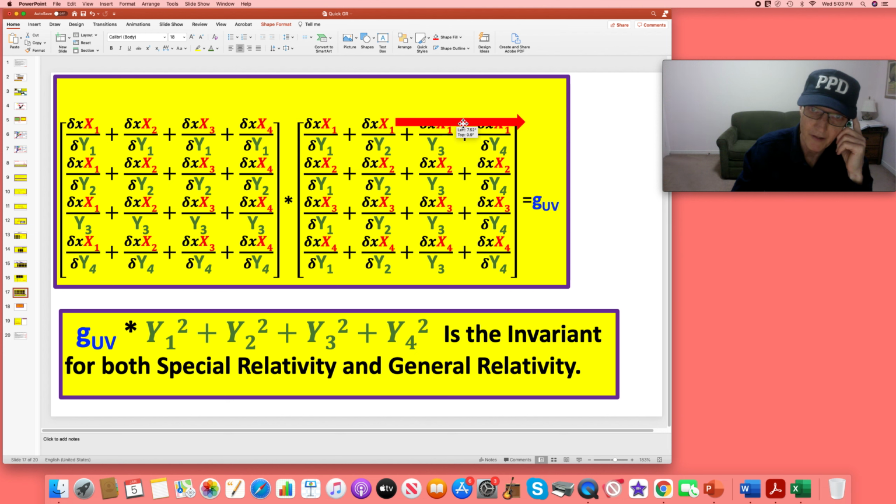Notice it's x1, x1, x1 on the row, x2, x2, x2 on the next row. So the numerator has the row counters, row 1, row 2, row 3, row 4. And notice the denominator has column counters. Column 1, column 2, column 3, column 4.